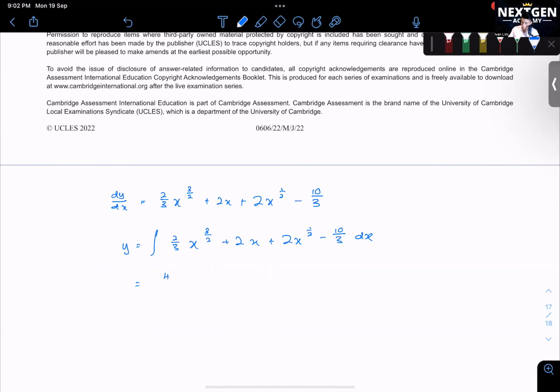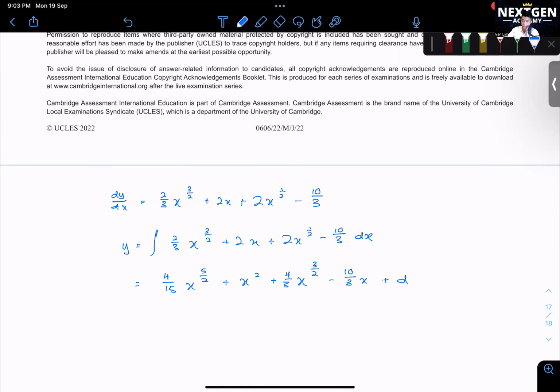So you get 4 over 15 x to the power of 5 over 2 plus x squared plus 4 over 3 x to the power of 3 over 2 minus 10 over 3x. This one normally I like to write plus d. You want to write plus c1 plus c2 also is fine. Any alphabet, but try not to write plus c again because you already defined c on top.